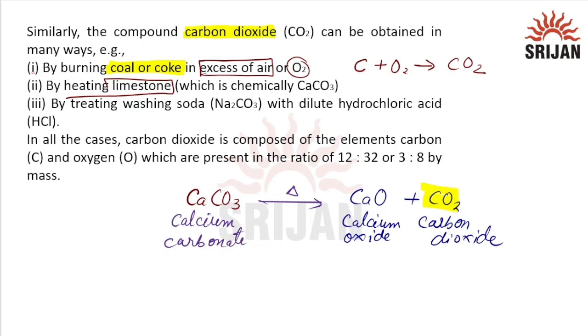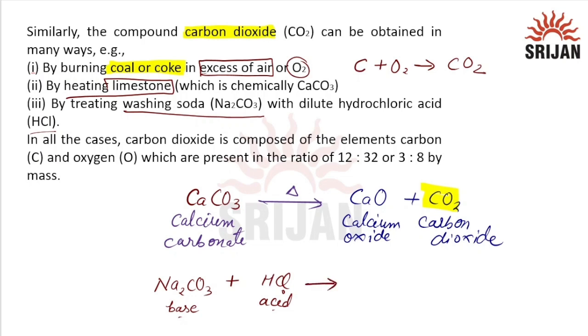You can also prepare carbon dioxide by treating washing soda, that is Na2CO3, with dilute hydrochloric acid, that is HCl. Na2CO3 is a base, and it is being treated with hydrochloric acid, which is an acid. The reaction between base and acid is a neutralization reaction.